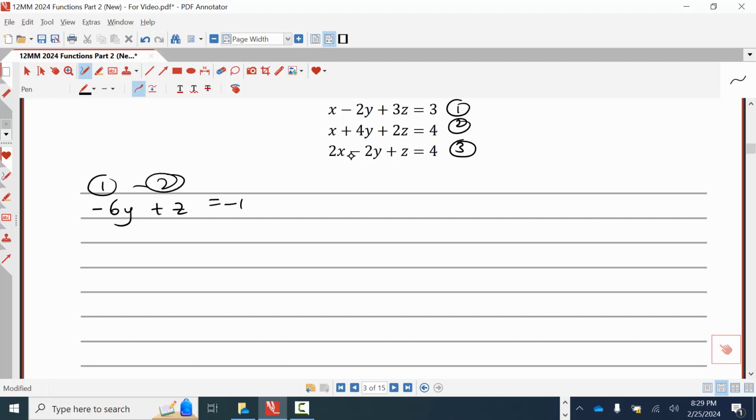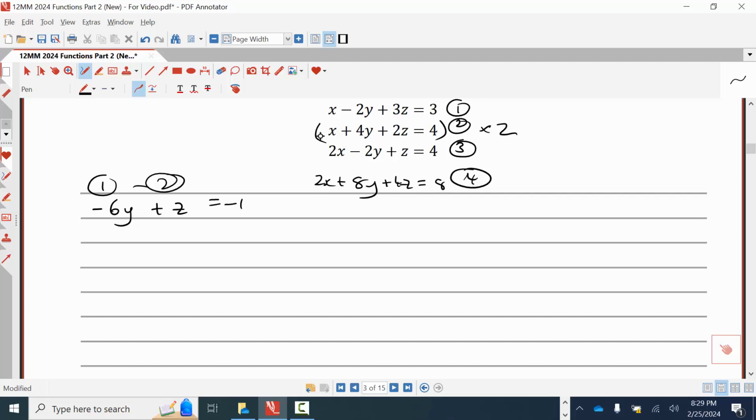Now to this one here, what I'm going to do is I want to eliminate the x from 2 and 3. Now the issue is that x won't eliminate unless I multiply all of equation 2 by 2. So I'm going to form equation 4 by writing 2x plus 8y plus 4z equals 8.